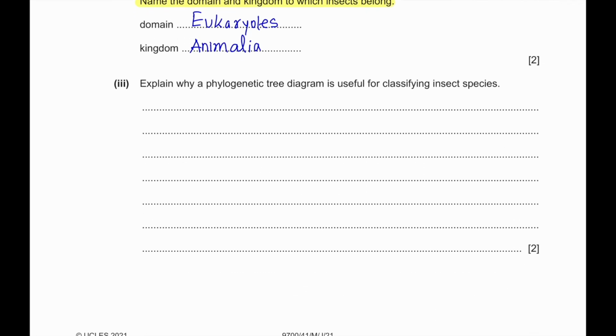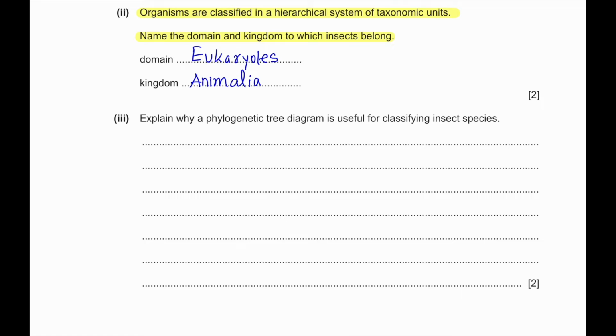Explain why a phylogenetic tree diagram is useful for classifying insect species. So basically classification depends on evolutionary relationship. Organisms that are closely related share a common ancestor, so they should be classified together. And a phylogenetic tree diagram helps identify larger taxonomic groups.